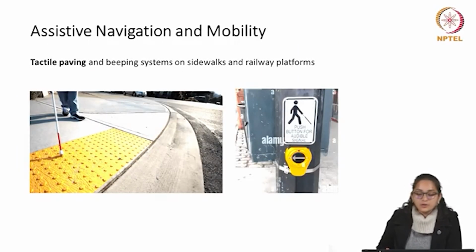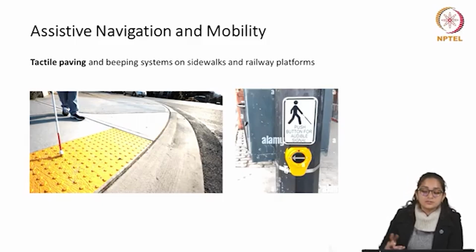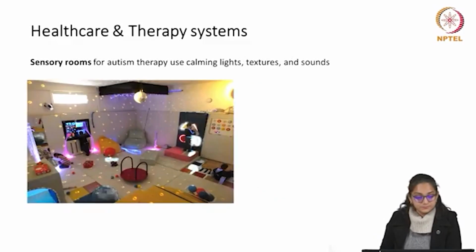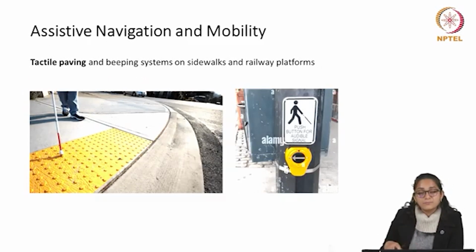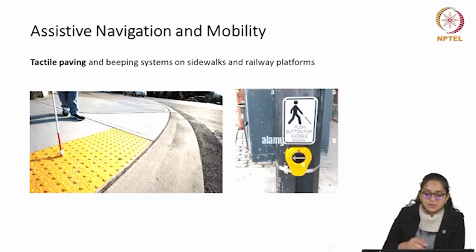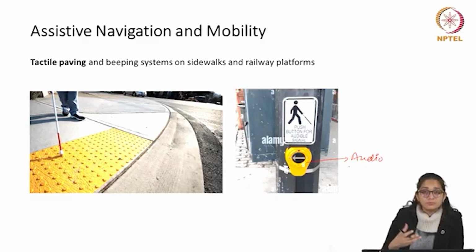Then I'm sure you have all already seen that in assistive navigation and mobility, there are tactile pavings on the road, as well as beeping systems on the sidewalk and railway platforms. So one can also receive an audio signal about when the traffic stops and you can cross the road.